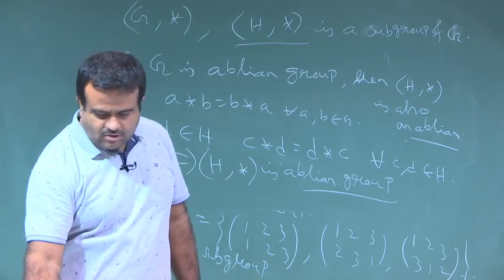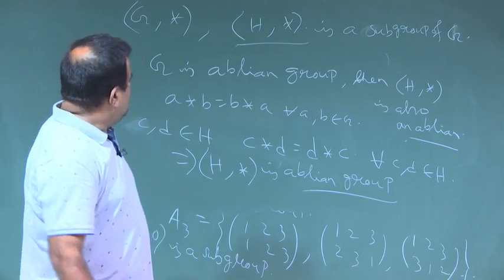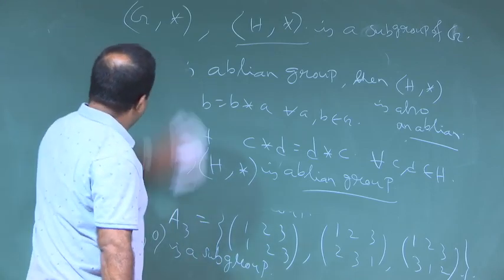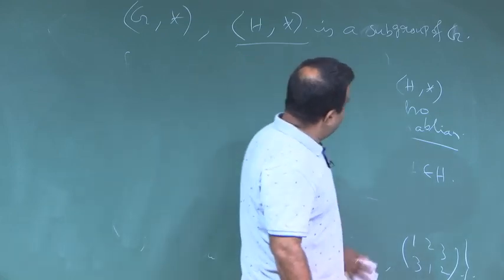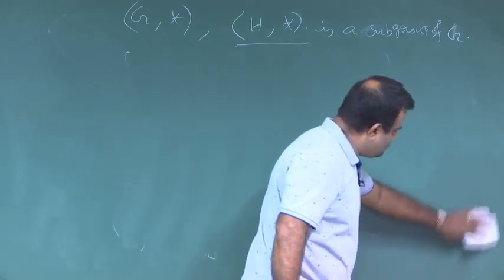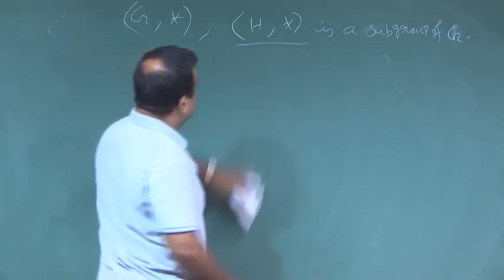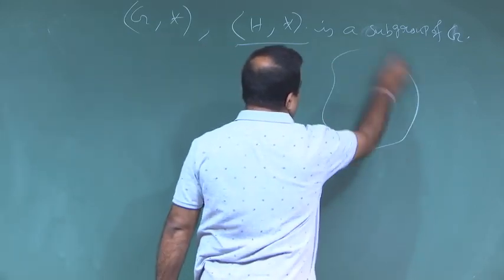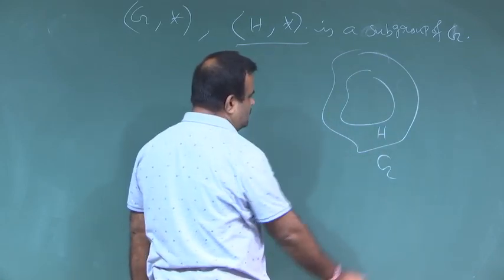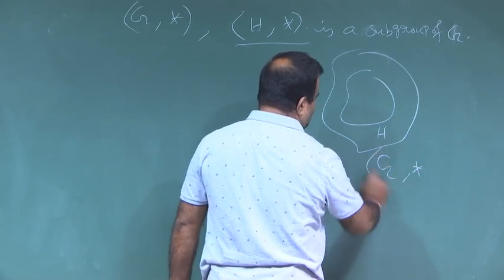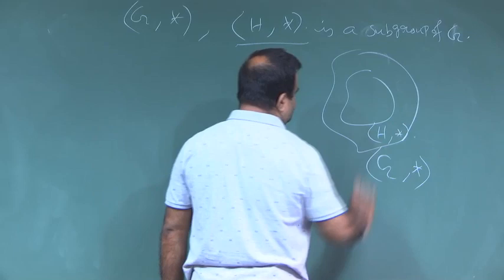Okay. So, now we talk about some other properties, like they have the same inverse; they may not have two different inverses or identity elements. So, we have this group G and we have the subset H, which is also a subgroup under the same induced operation.